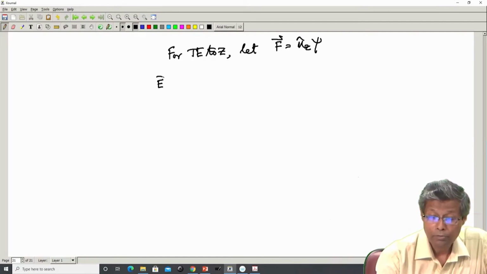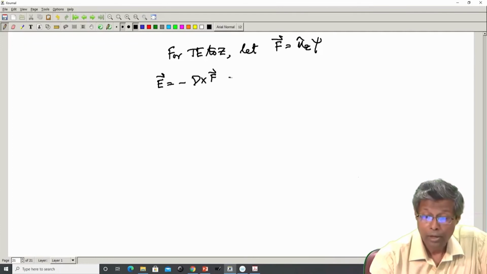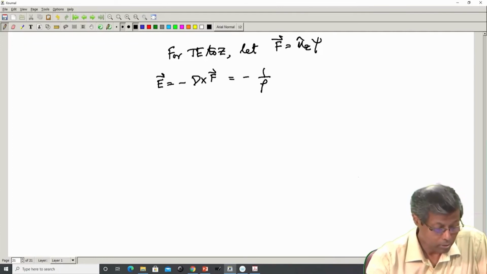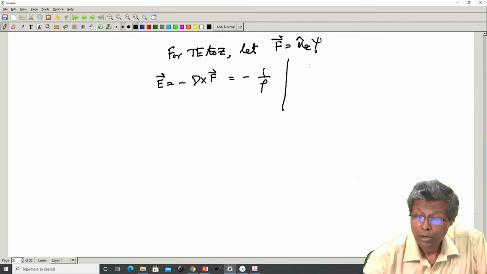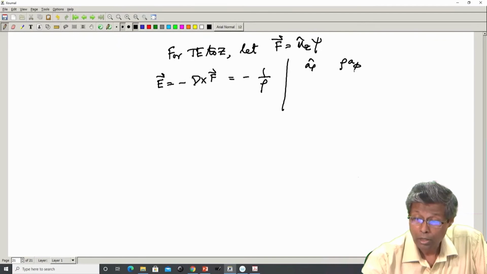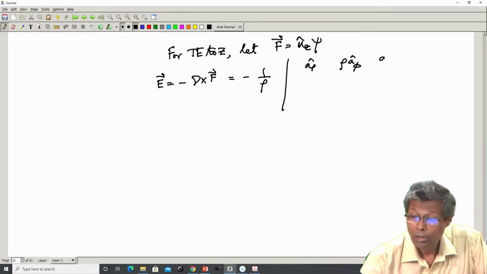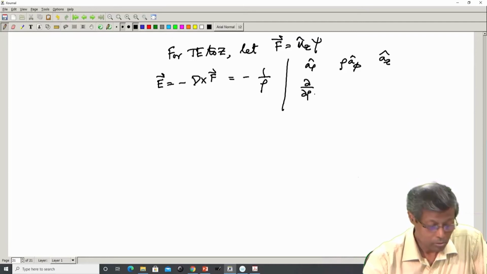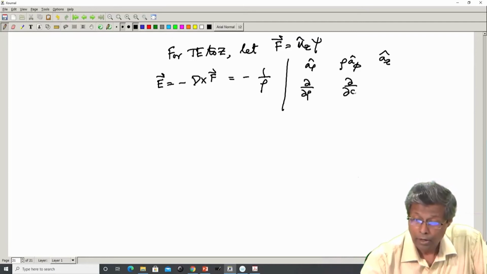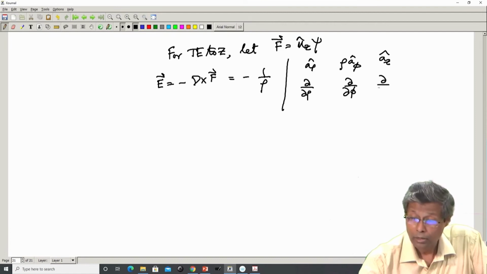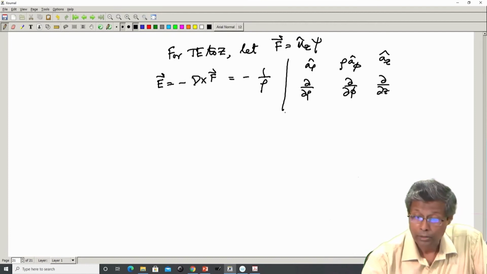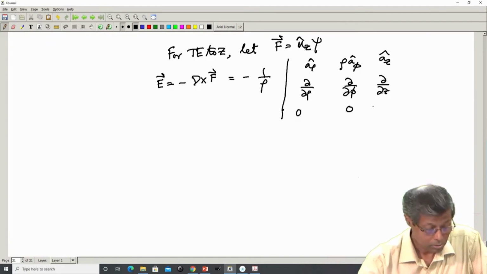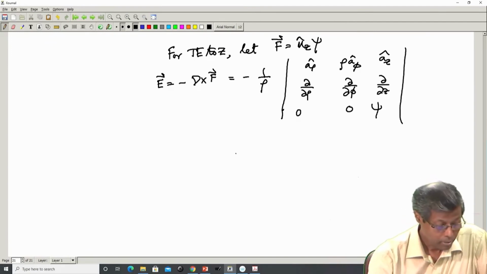So, E is given by minus curl of F, and that is given by minus 1 by rho determinant of a rho, rho a phi, a z; del rho, del phi, del z; and 0, 0, psi.